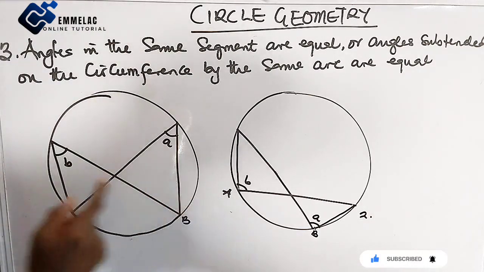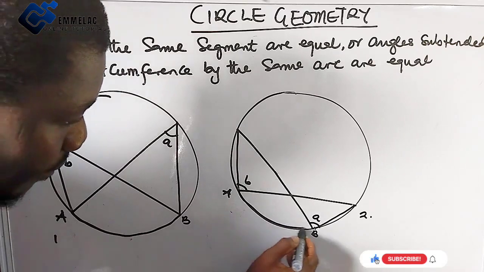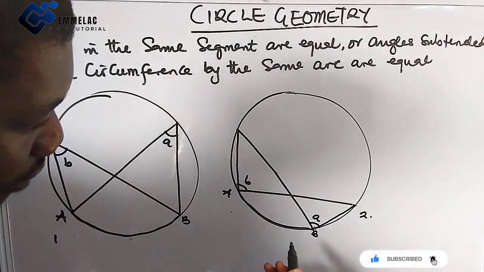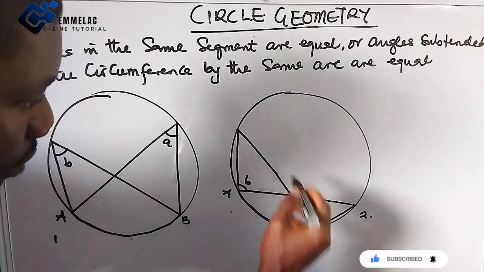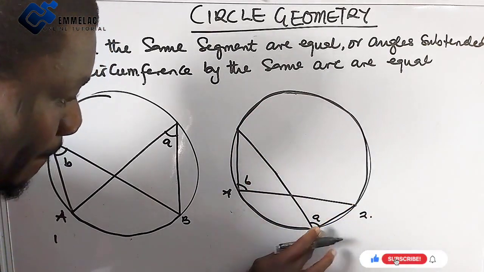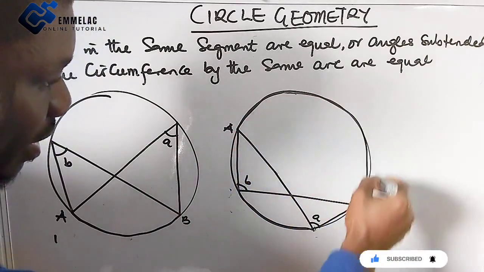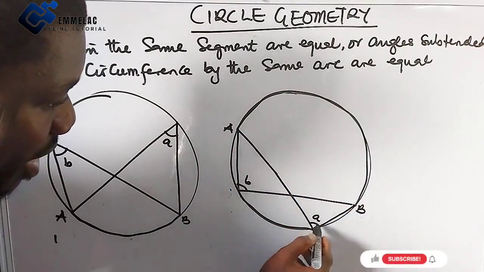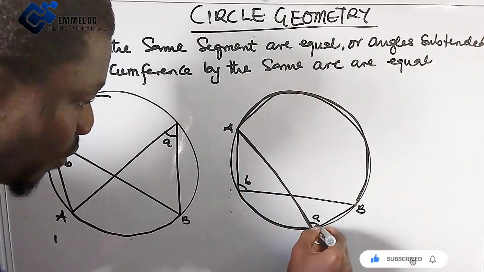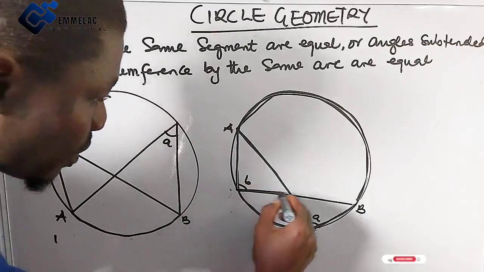Here, this arc subtends B and A. With this arc, this angle is formed, and with the same arc, this angle is formed.